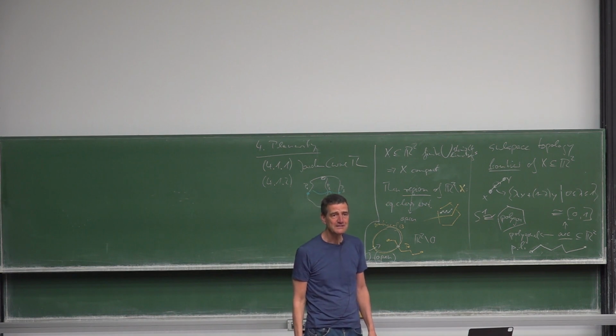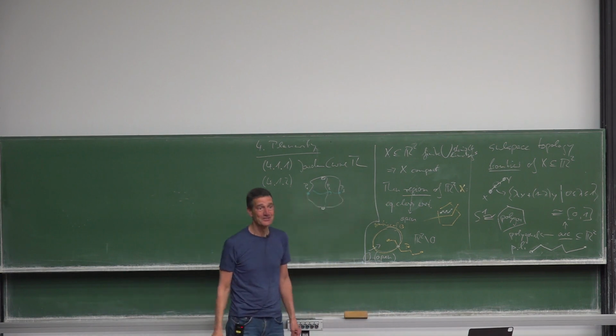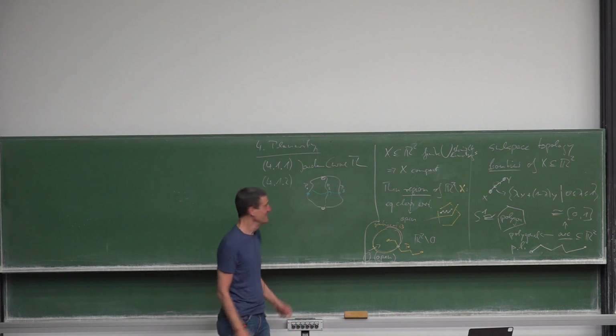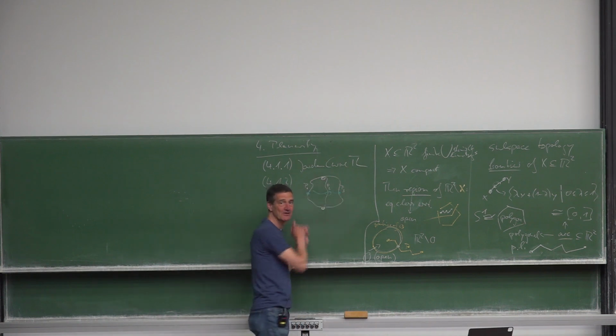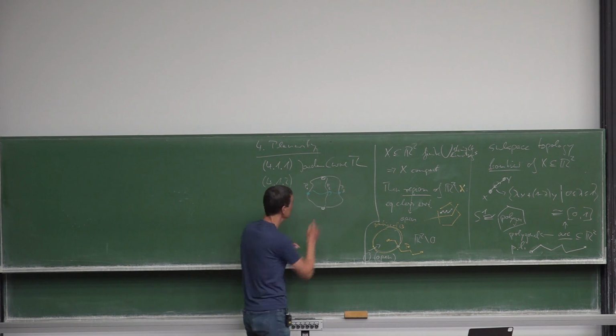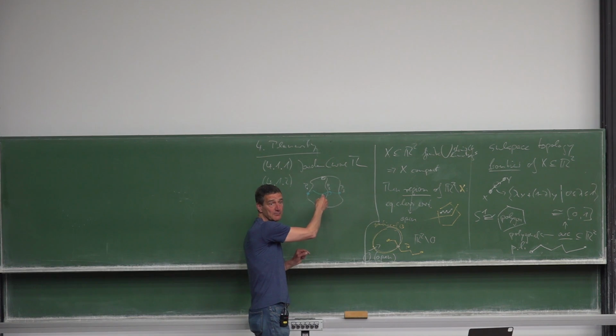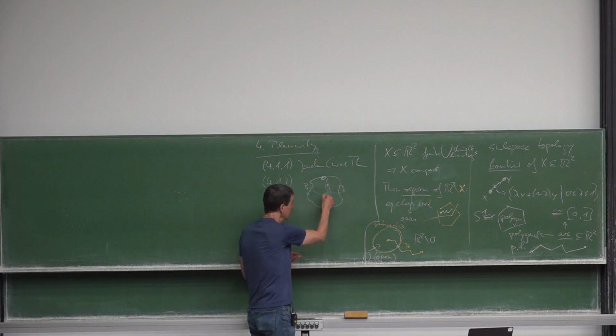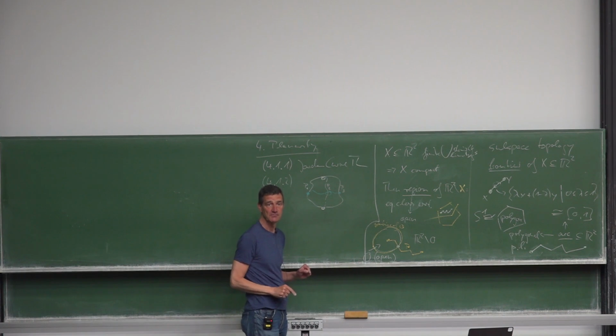Why is the entire interior of P2 contained in one region of the plane minus P1 union P3? Well, the reason is that the inner points of P2 are all pairwise equivalent. P2 itself is a polygonal arc, so any point in here can be linked to any other point in there by a polygonal arc that doesn't hit this circle P1 union P3.